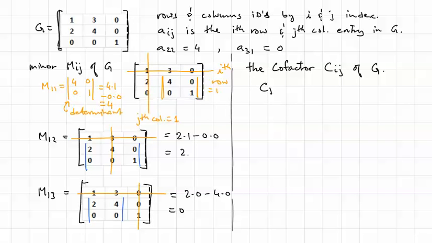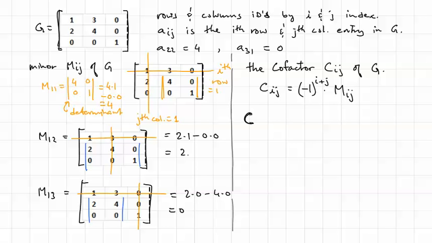Cij is defined as -1 raised to the power i plus j times the minor Mij. So it's very similar to the minor, but it is going to be multiplied either by +1 or -1, depending on whether i plus j is odd or even.